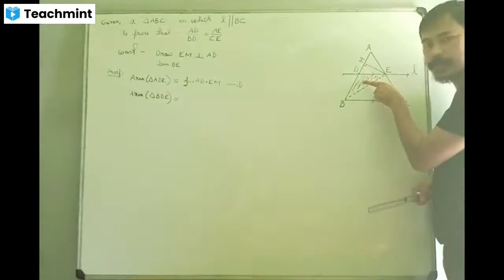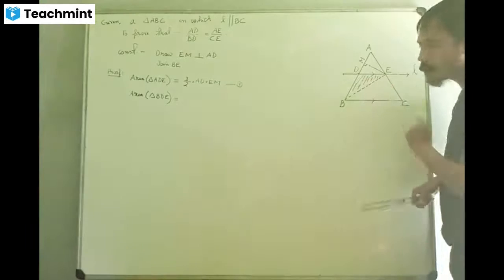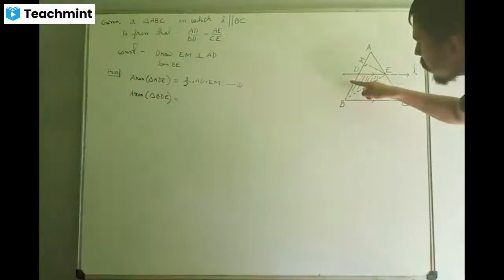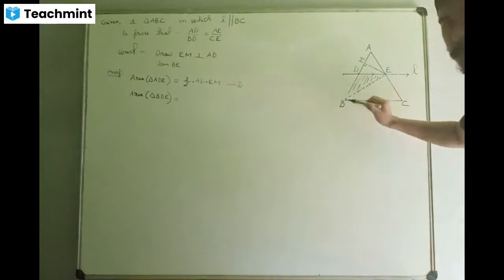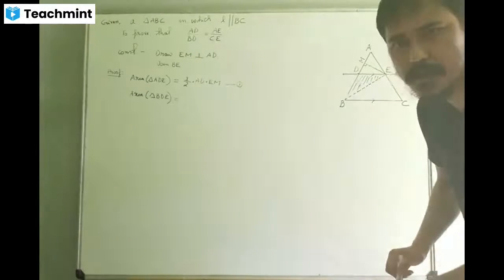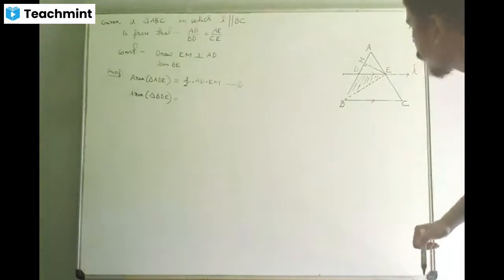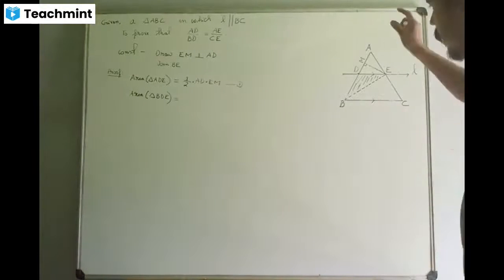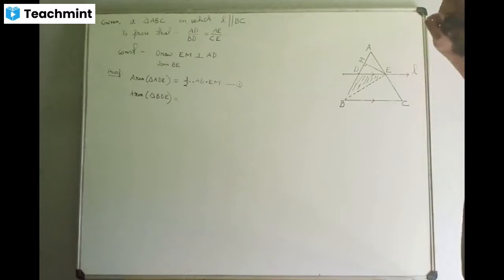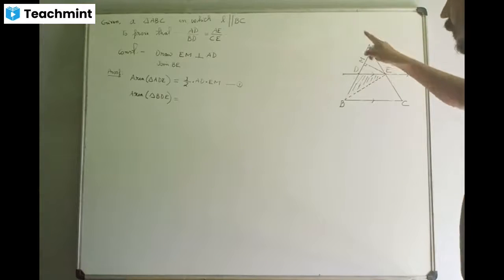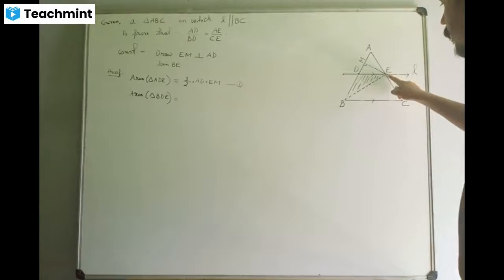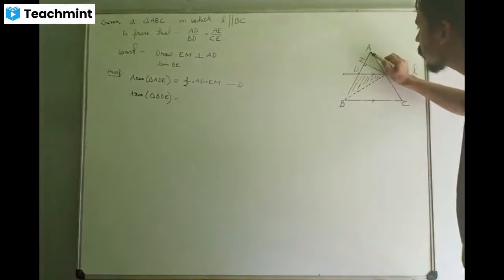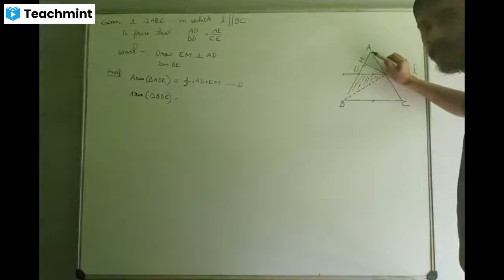In this triangle BDE, I'm going to choose BD as the base. Why BD? Why not the other sides? Now class, in the triangle that we have chosen above the line L, in the first case we have chosen the triangle ADE, where we consider AD to be the base.